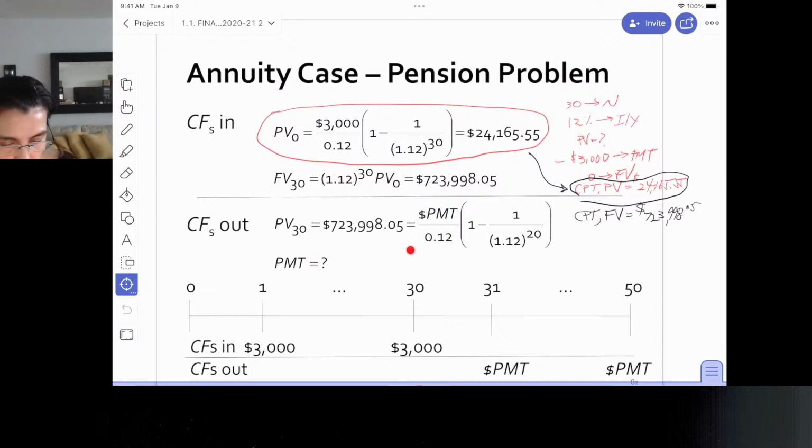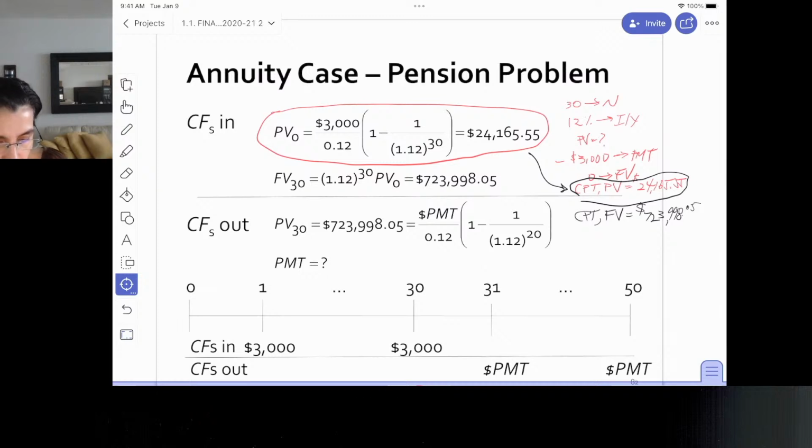So now in the second part, determining what the payment size should be, I will let that be the present value amount. Now for 20 years at 12%. So we assume that 12% is still accessible to me as my rate of return. So I continue to use the 12%, right?